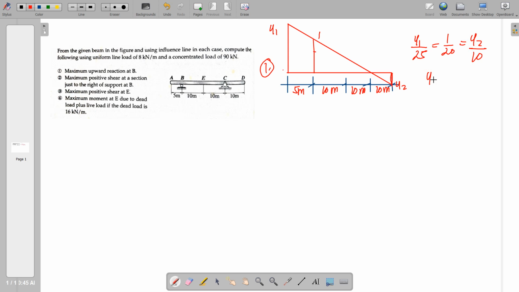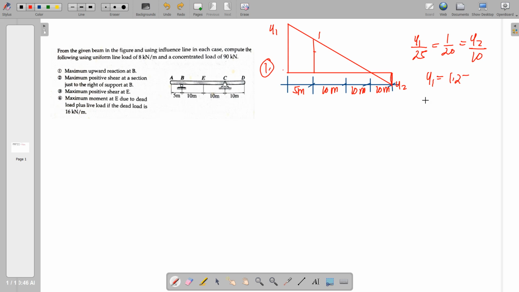So we can pair y1 to the center portion of the equation. So therefore, y1 will just be equal to 25 divided by 20, that is equal to 1.25.